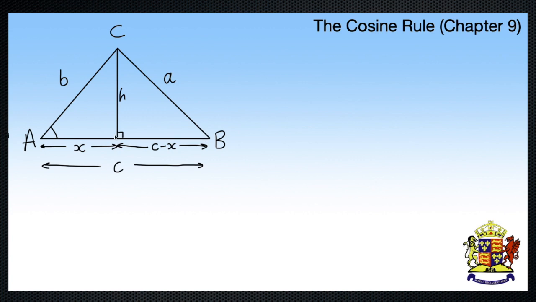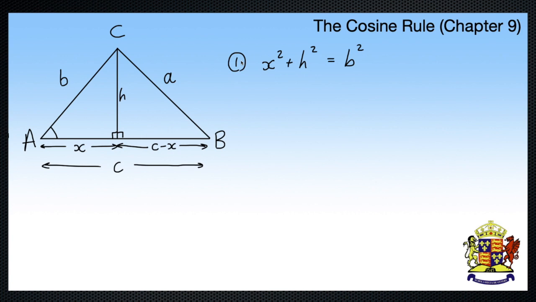Okay. The next thing I'm going to do is think about this triangle on the left. And using Pythagoras, I know that x squared plus h squared must equal b squared. Okay, that's my first equation. That's going to be useful.